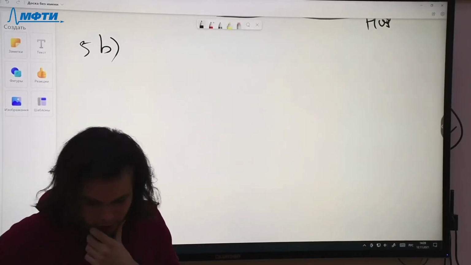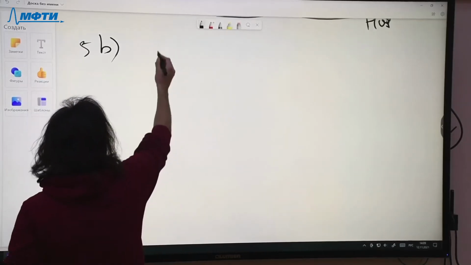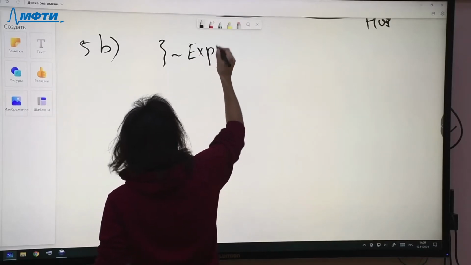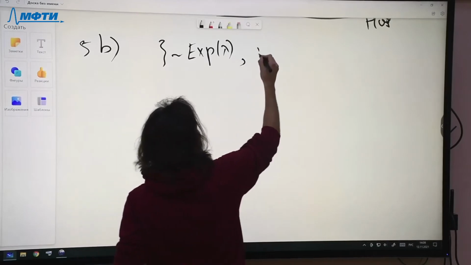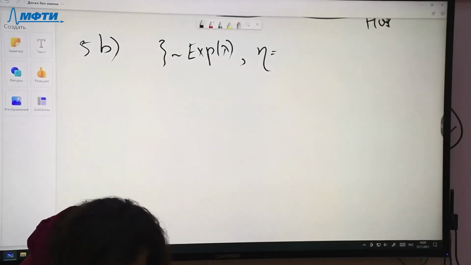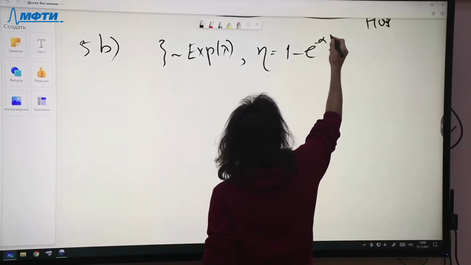So look, what do we have? We have that xi is a random variable with exponential distribution and parameter lambda, right? And we are given the random variable eta, which is equal to 1 minus e to the minus lambda xi.